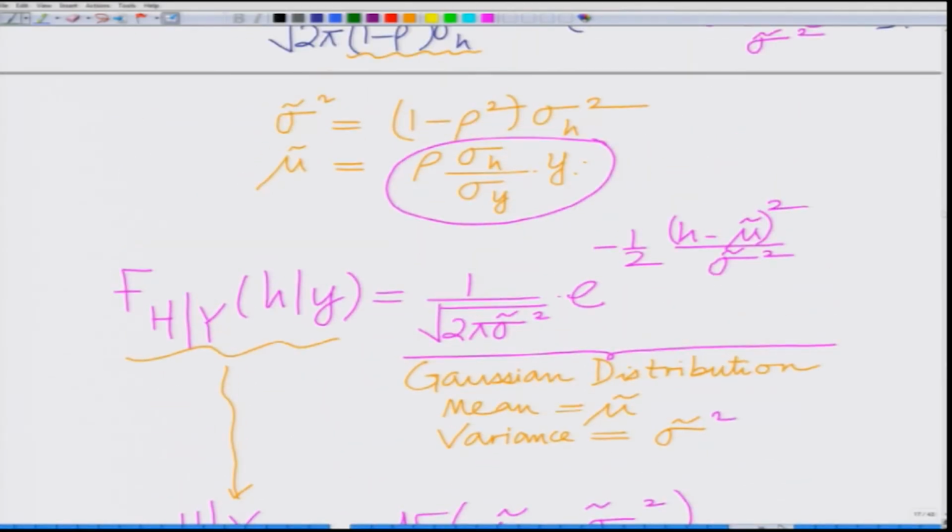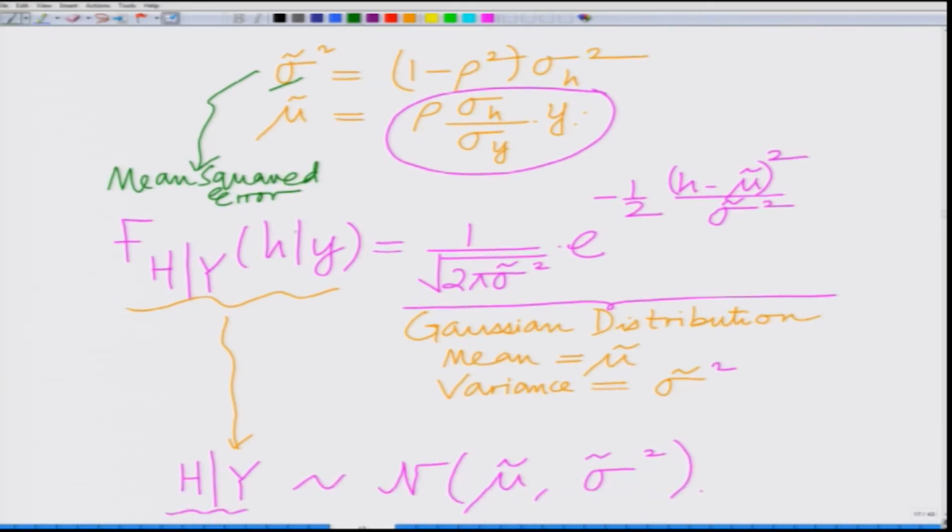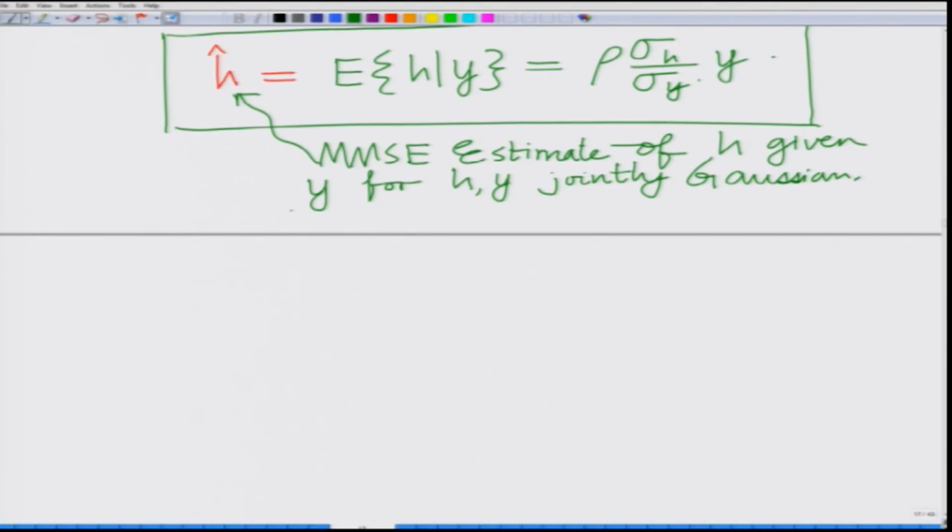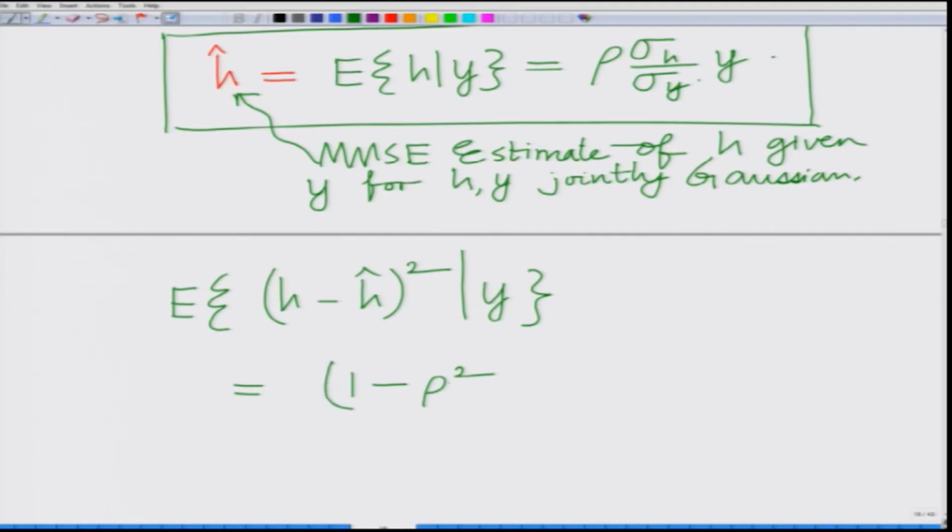And now, what is this quantity sigma tilde square? This is your mean squared error. What is this? This is the expected value of the parameter H minus H hat whole square, given of course the observation Y. And this quantity you can see is 1 minus rho square times sigma H square.